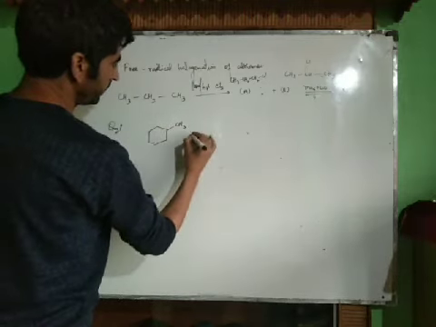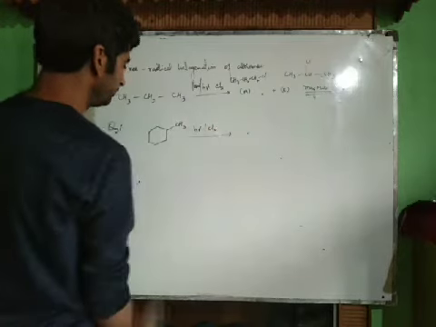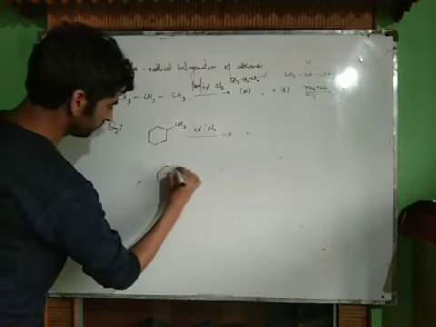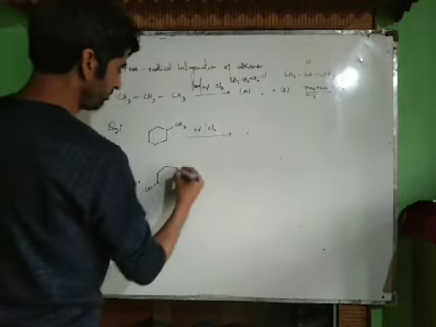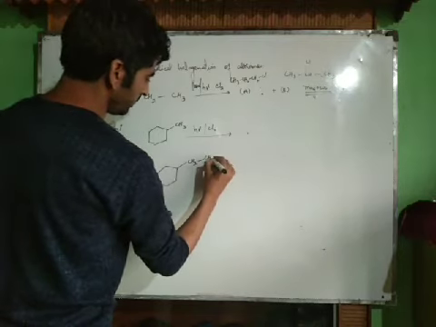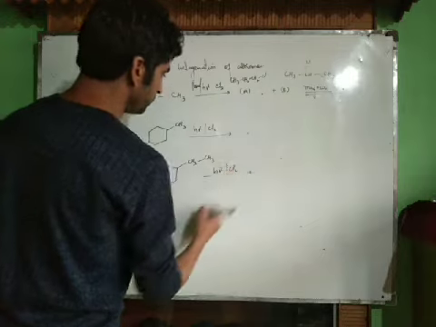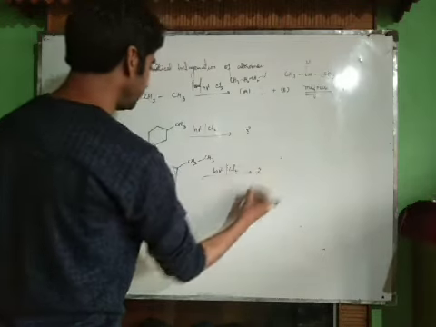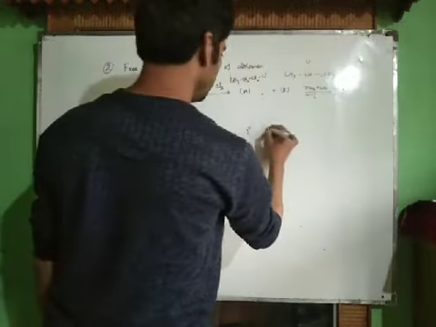CH3, with OH, and CH2, CH3. We treat it with H nu and Cl2. What will be the products and which one will be the major product? This is question number 1. This is question number 2. Now question number 3.